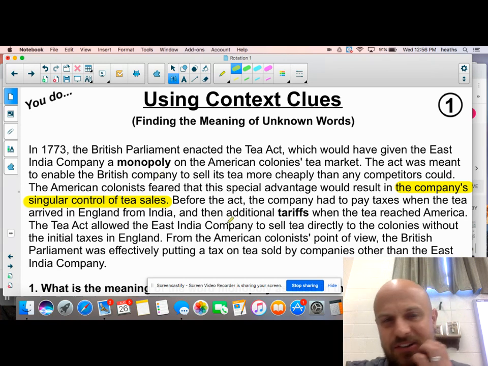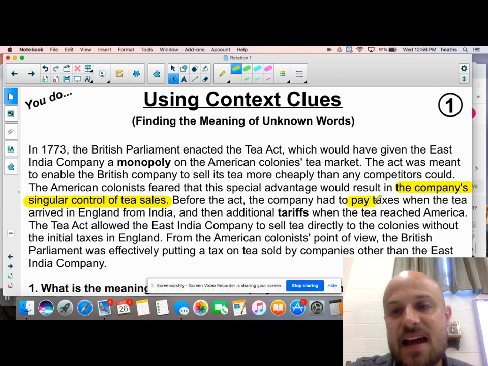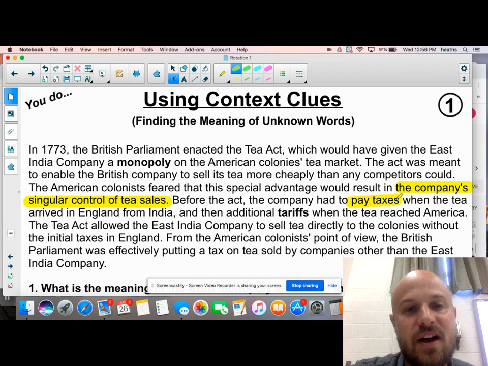Okay, so now let's tackle tariffs. Before the act, the company had to pay taxes when the tea arrived in England from India, and then additional tariffs when the tea reached America. We don't even have to read any more. The company had to pay taxes when the tea arrived, and then additional tariffs once it reached America.